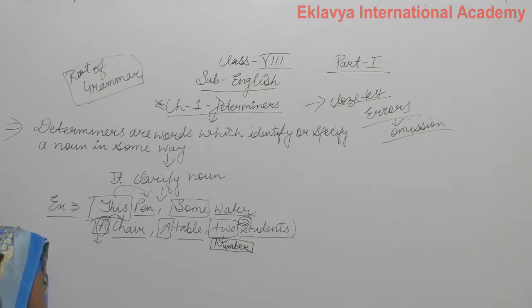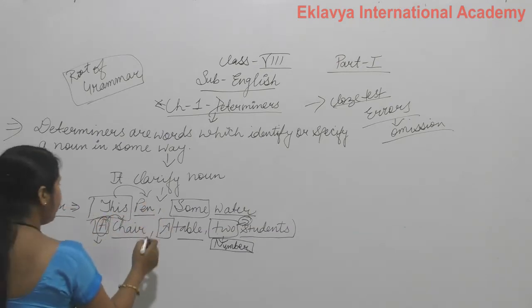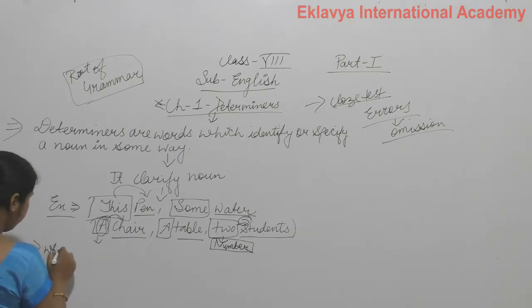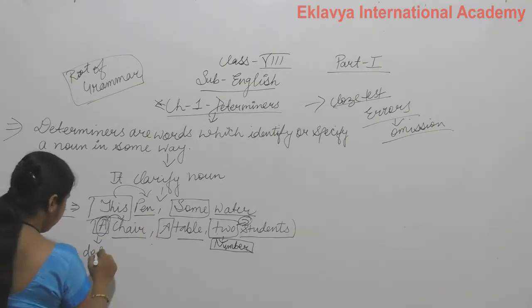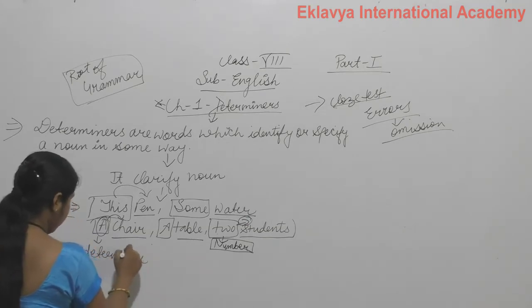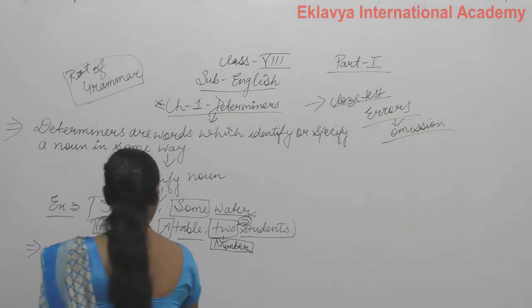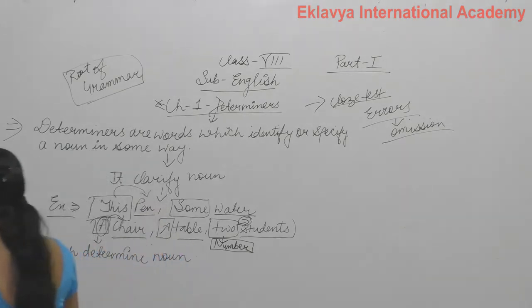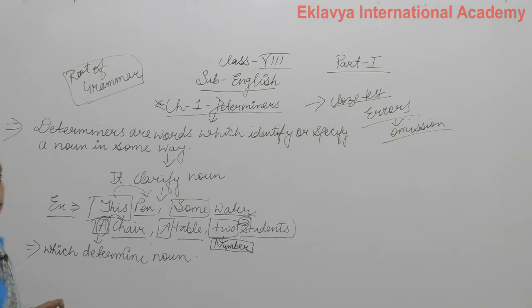So now, for more meaning, you write: which determine noun. This is the exact meaning of determiners. Now next, this is the brief description, a little bit of explanation of determiners.